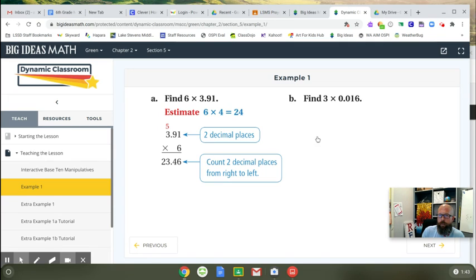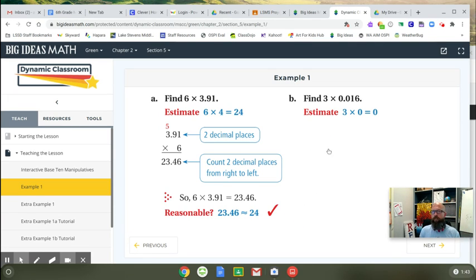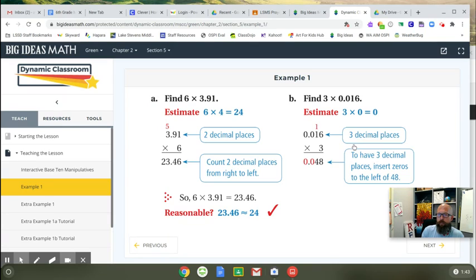So let's take a look at this one. It's going to be close to 0 because 0.016, that's not very much. So, again, we just write it out as if we would any multiplication. Don't worry about the decimal yet, but this does have 3 decimal places. 1, 2, 3.